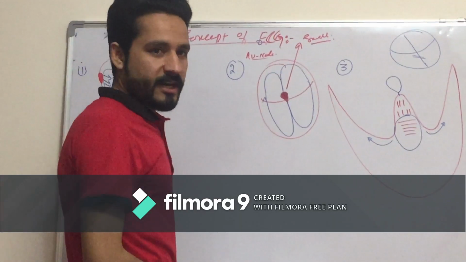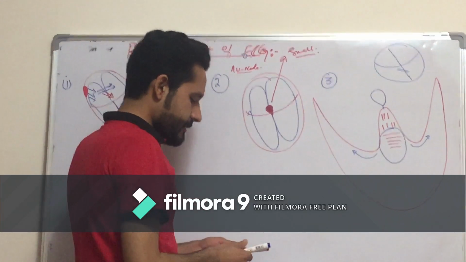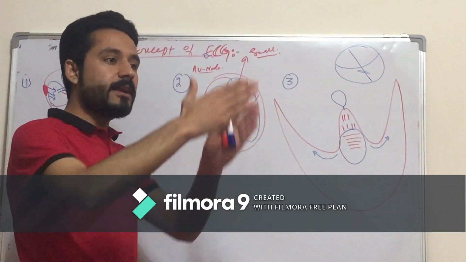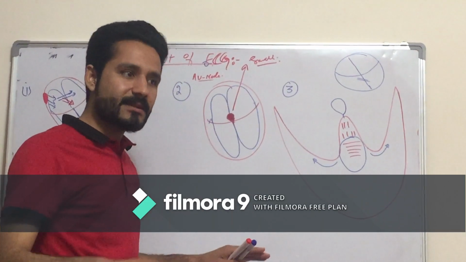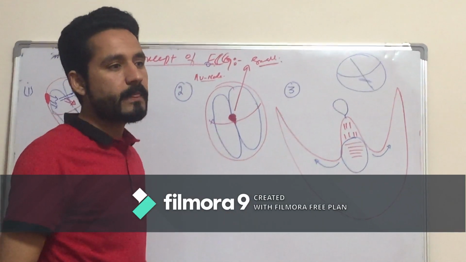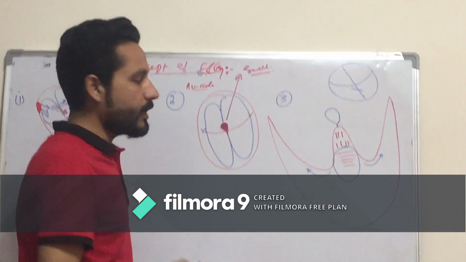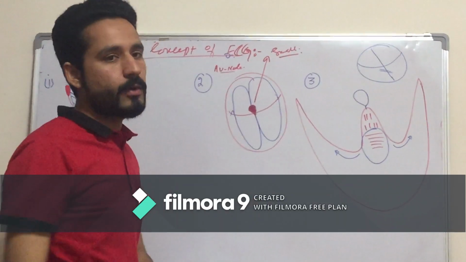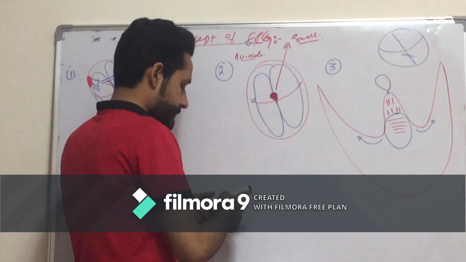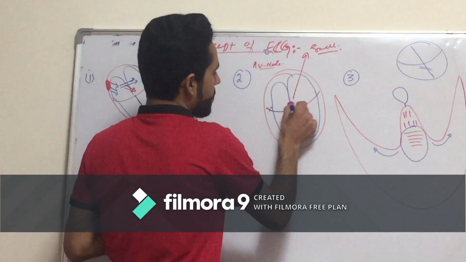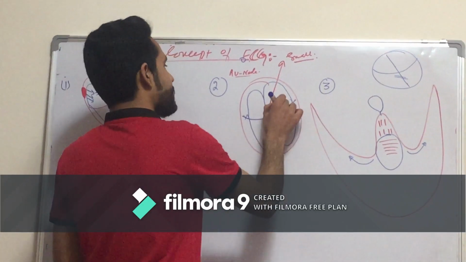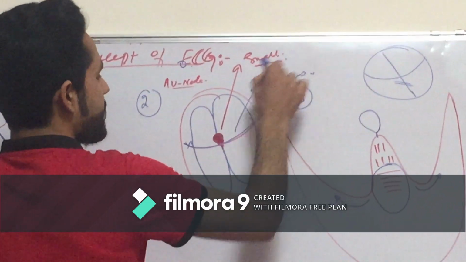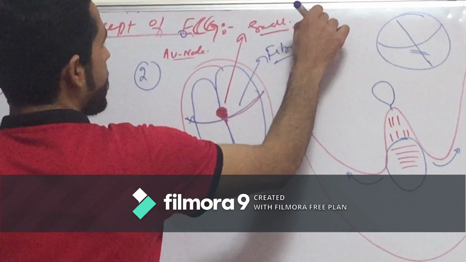Now after that the electrical impulses will transfer into the bundle of His, then into the right and left bundle branches, and then into the ventricles. This depolarization will now spread over the myocardium. As you know, this septum or partition is fibrous, and fibers are insulators.